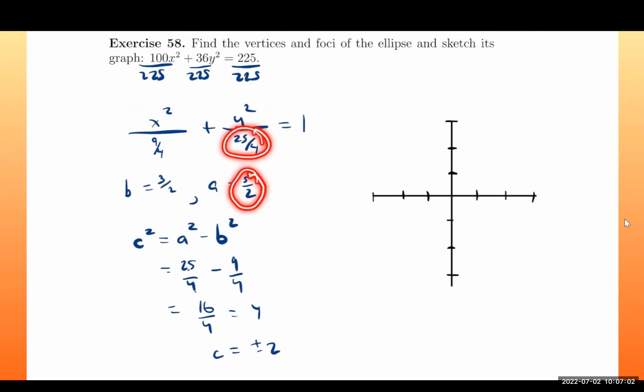In the y direction, we're going to go up and down 5/2, so that's 2.5 up, 2.5 down. And in the horizontal direction, we're going to go left and right 3/2 from the center, so that's 1.5 to the right, 1.5 to the left. So those are the vertices.